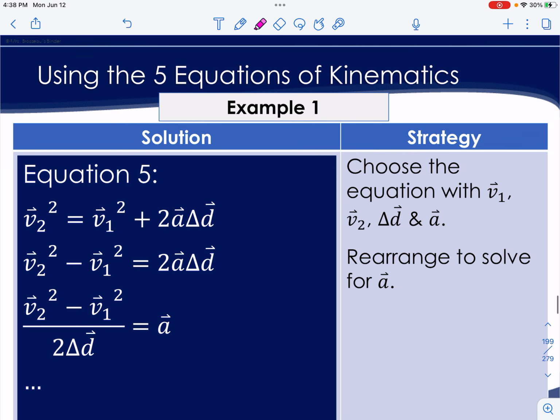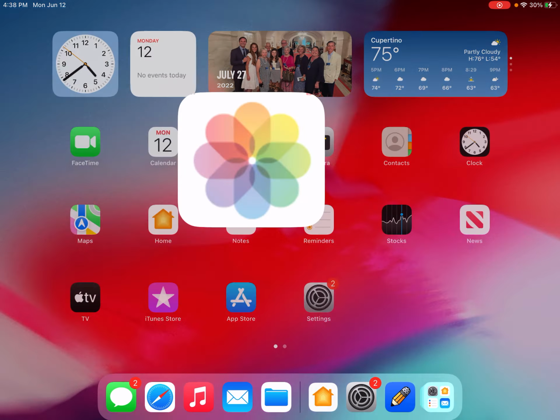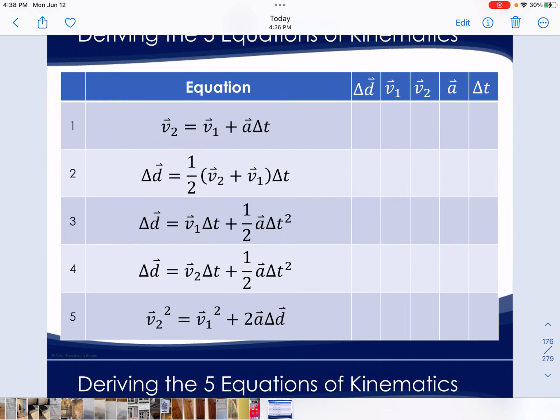So you look at the equations. If we look at our 5 equations, remember we have V1, V2, we're looking for A, and we have delta D. So which ones do that? Equation 1 has delta T, not delta D, so we don't want that one.